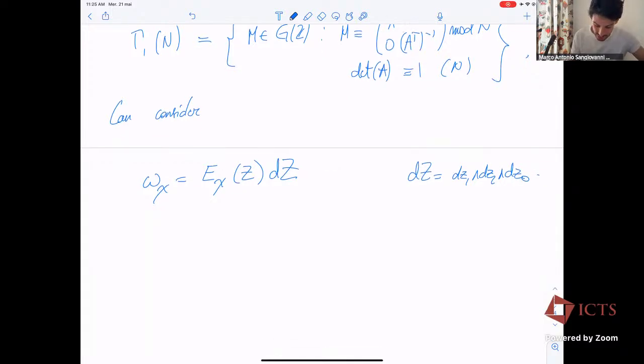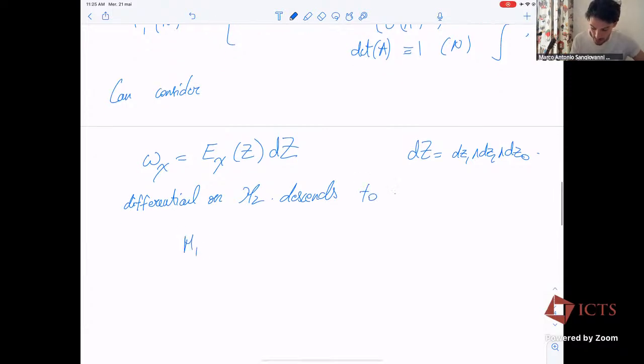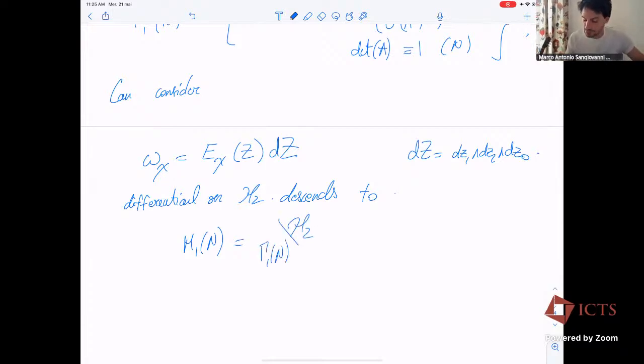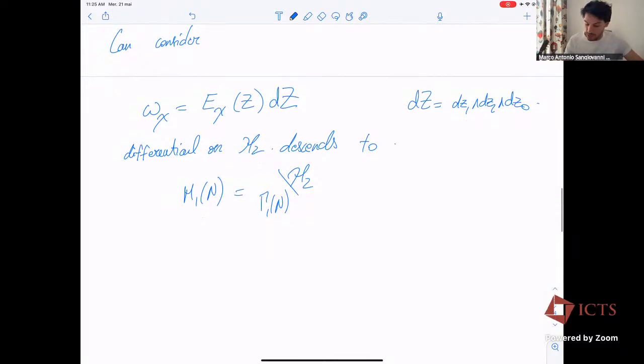This is a differential on H2, a 3 form, and because it's invariant under gamma 1 of N, it descends to M1 of N, which is H2 mod gamma 1 of N. Then you can really view omega chi as a global section of the 3 forms on M1 of N.